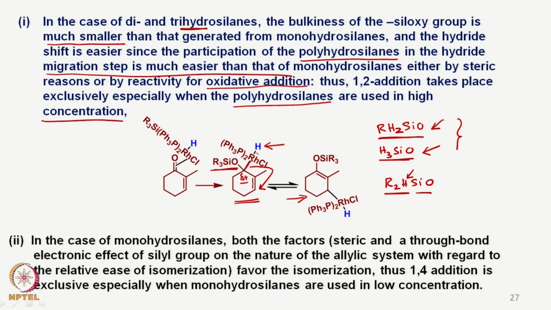That delta positive will be stabilized by the double bond as well as by the silicon through a beta silicon effect, and therefore we get the 1,4 addition exclusively, especially when monohydrosilanes are used in low concentration. So this is how the reaction is perceived, and the reaction occurs in a way that we can tune the reducing agent, and therefore you can have either 1,2 reduction or 1,4 reduction.